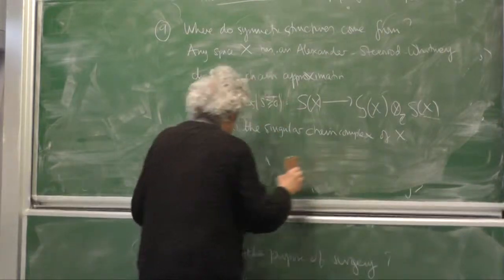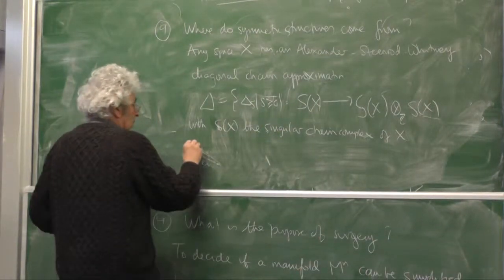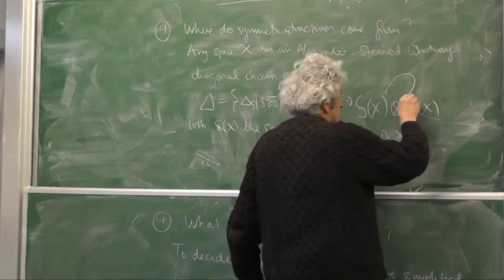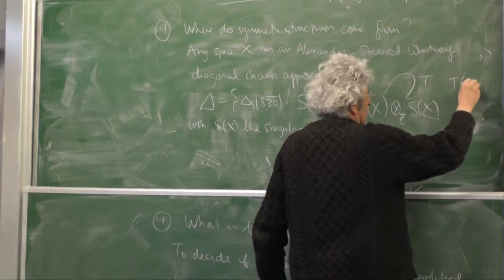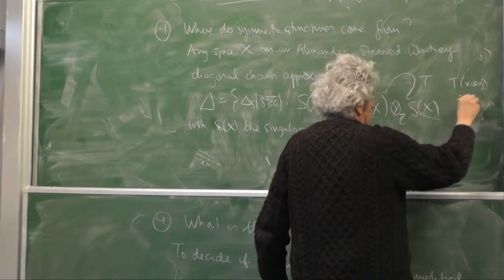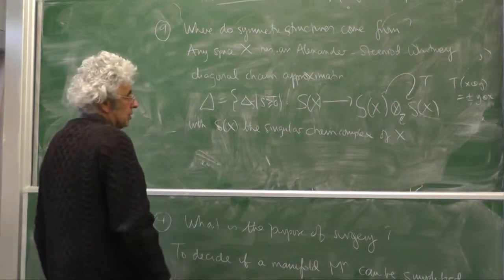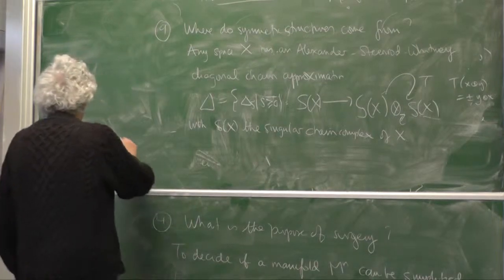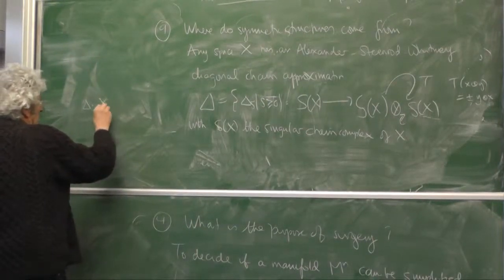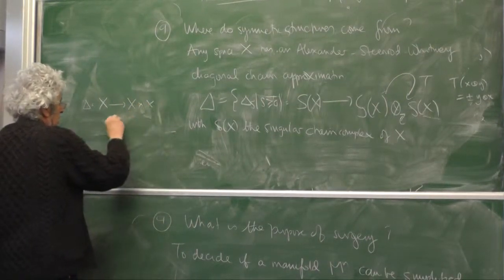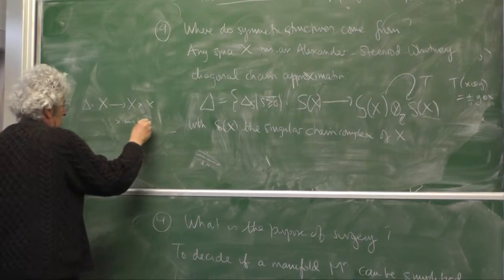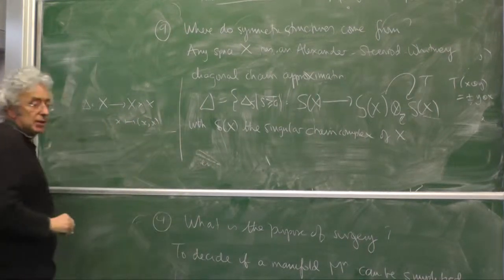And this approximation consists, I should say, that this has a transposition, and what is going on here is that there is a diagonal map which is fantastically Z2 equivariant.